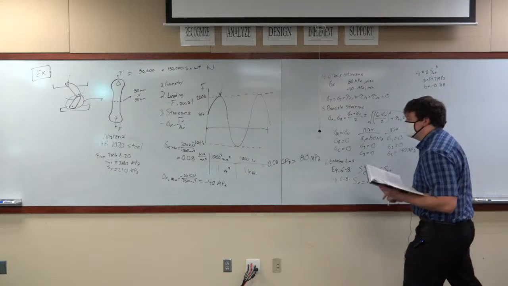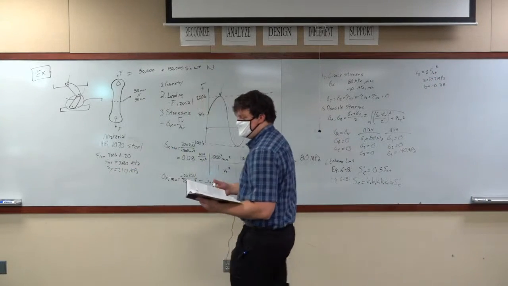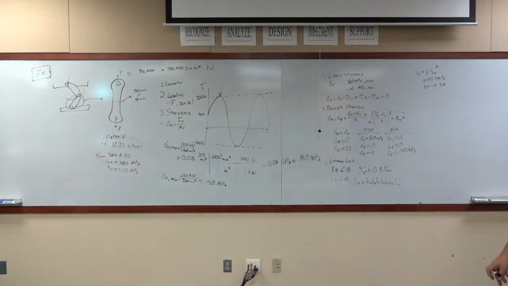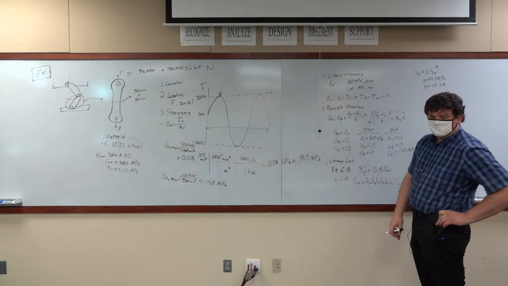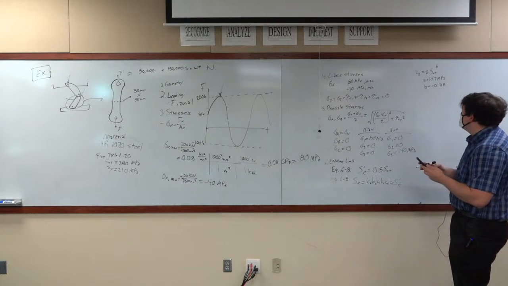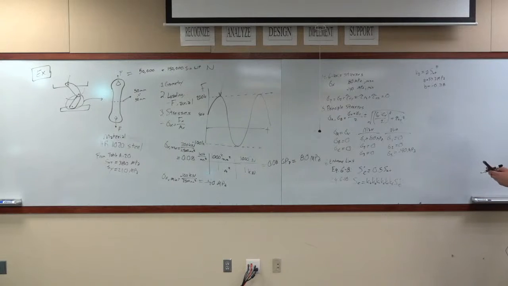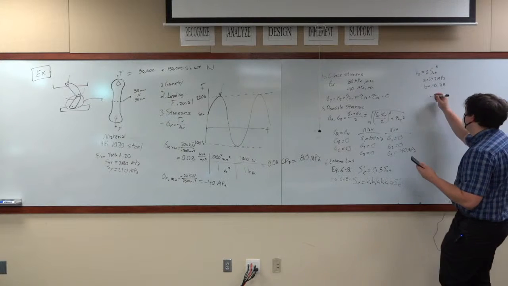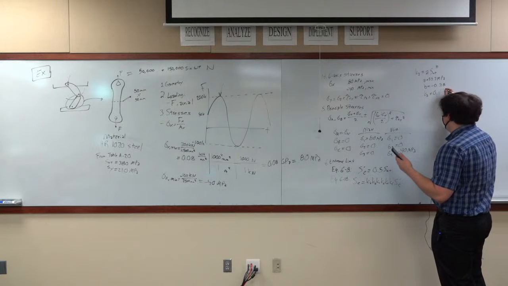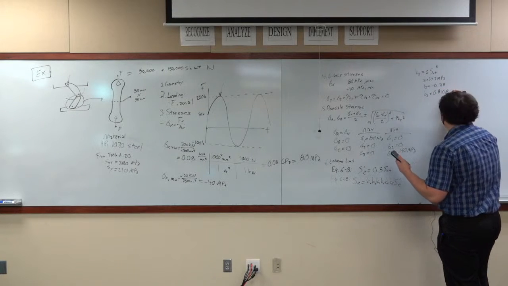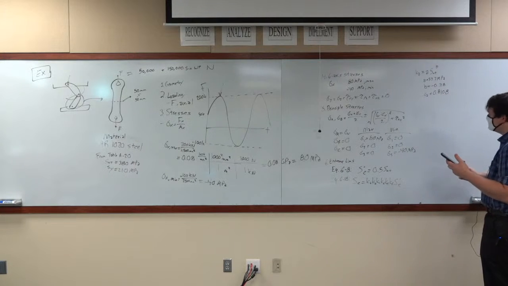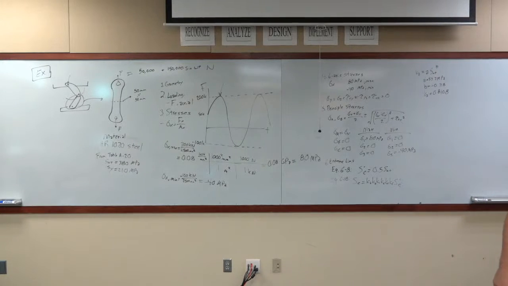So when we plug this in using an Sut value of 380 megapascals, we get Ka is equal to 0.8108. So that's our surface factor.